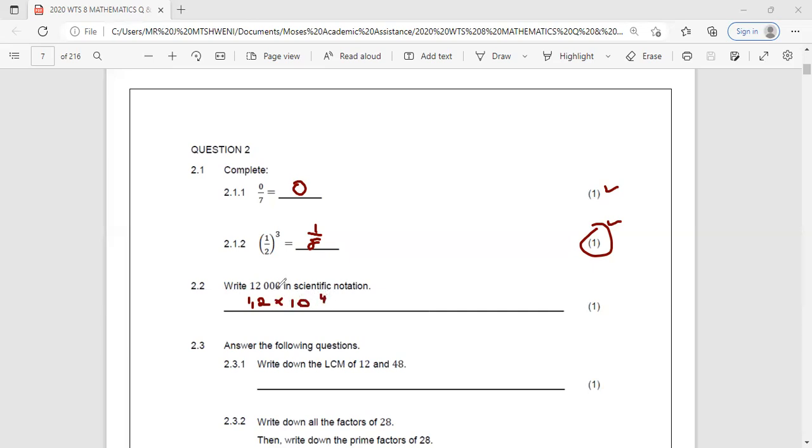Why? Because you move 1, 2, 3, 4 places, then you put the comma where you stop, which gives 1.2. That's why it's times 10 to the power 4. When I teach my learners, I show them a shortcut on the calculator for how to do it. But let's continue.